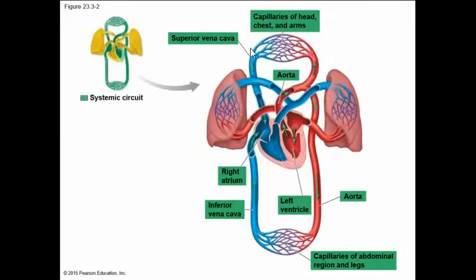And then this blood returns by means of the superior vena cava back to the right atrium. Now, the rest of the blood goes down to the abdominal cavity and legs and returns by means of the inferior vena cava back to the right atrium.